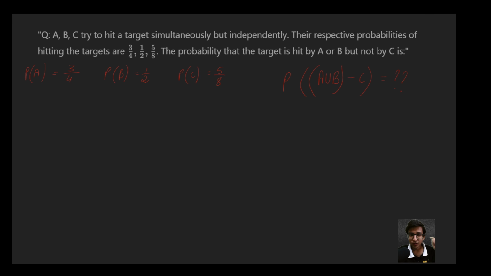Now how can we do this? First, what can we write down about P of A union B minus C? Let us draw the Venn diagram for this. This is my A, this is my B, this is my C. It should be in A or B but not C. That means this is the portion that we are talking about.